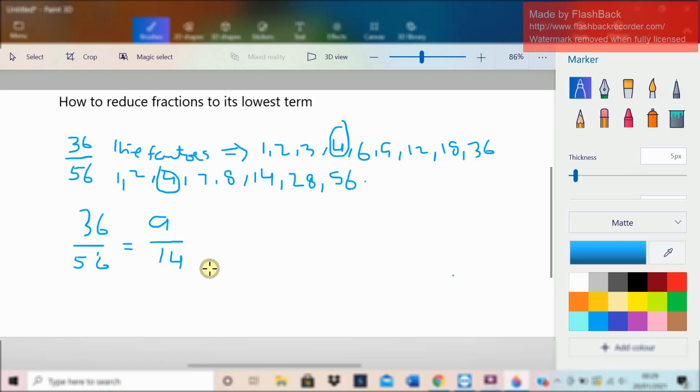So 9 over 14 is in its lowest form, since 9 and 14 have no common factors other than 1.